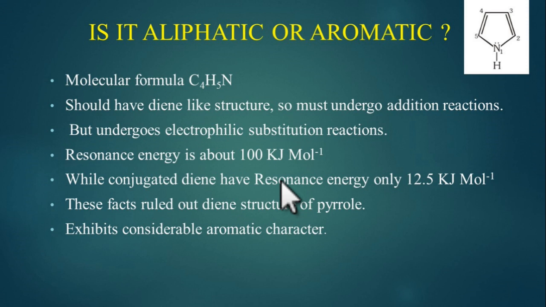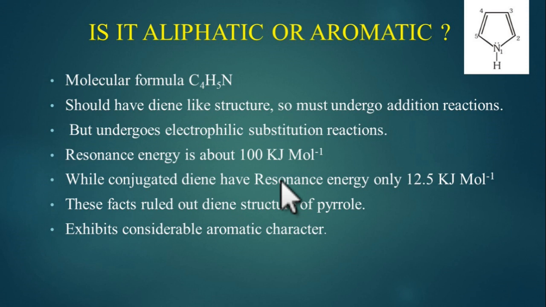You must also know that conjugated dienes show addition reactions, but pyrrole does not show addition reactions. It shows electrophilic substitution reactions, which are properties of aromatic compounds, such as nitration, sulfonation, halogenation. It means it resembles a diene structure, but something more is there in this structure.